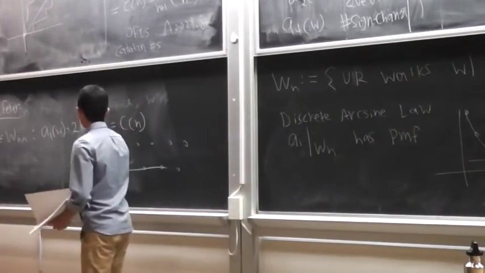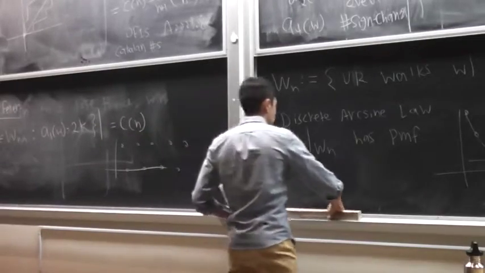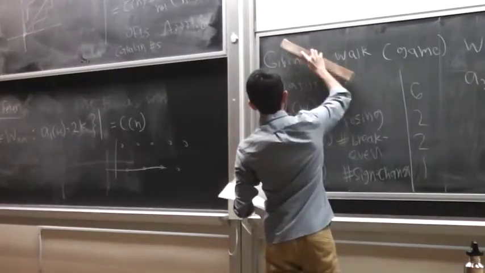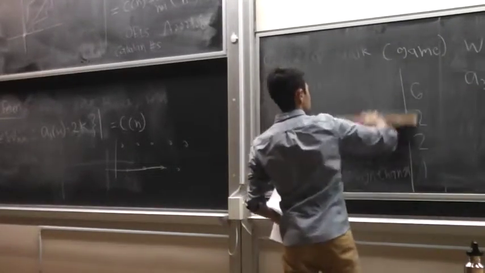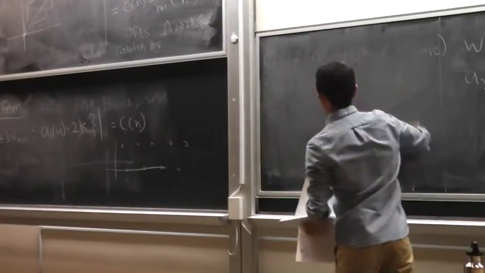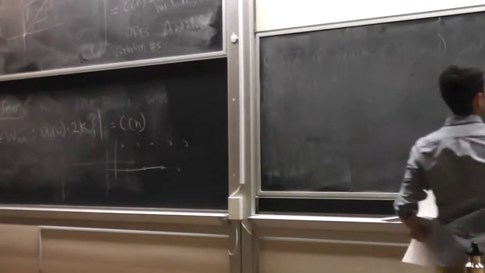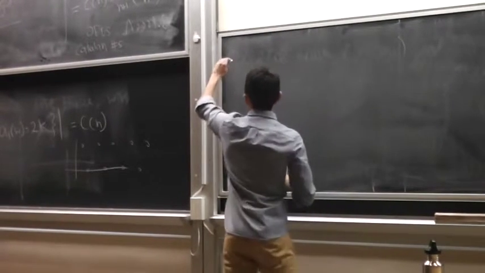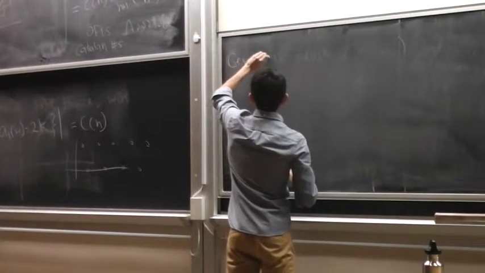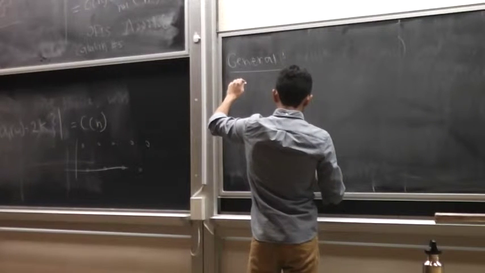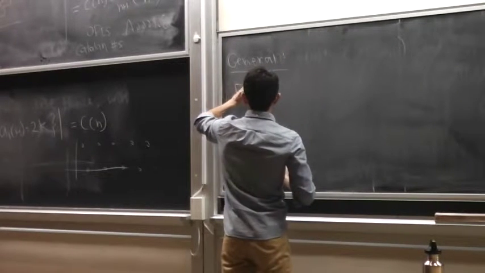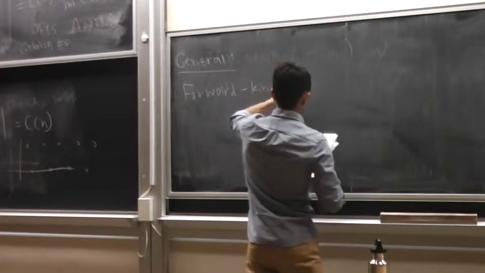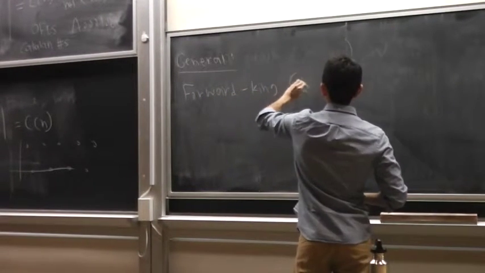So let's go to more general stuff now. What if I have diagonal steps? In other words, what if we have a forward king? I think these are also called royal paths.